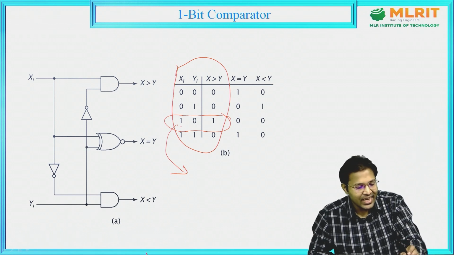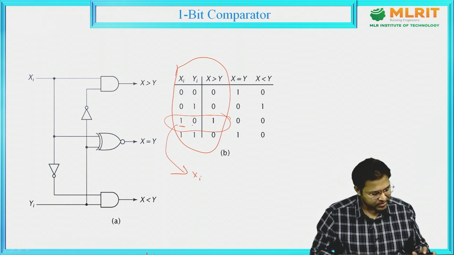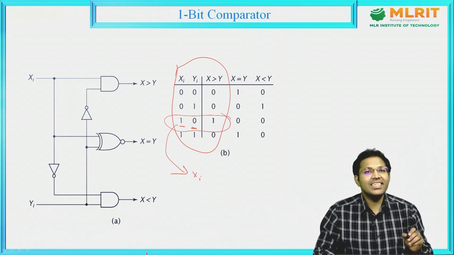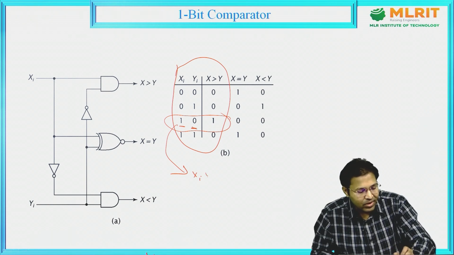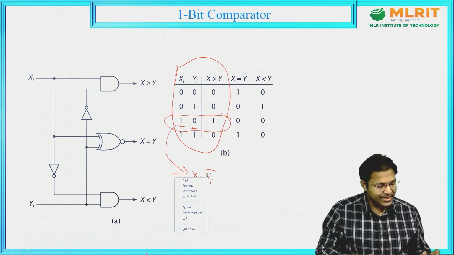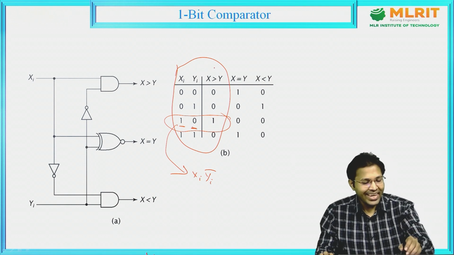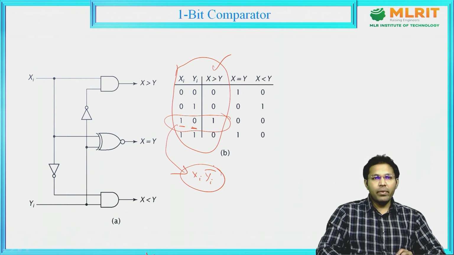Here xi is in its true form, so simply take xi, and yi in this case is in its complementary form, so let us take yi bar. So the simple expression for x greater than y is xi into yi bar.